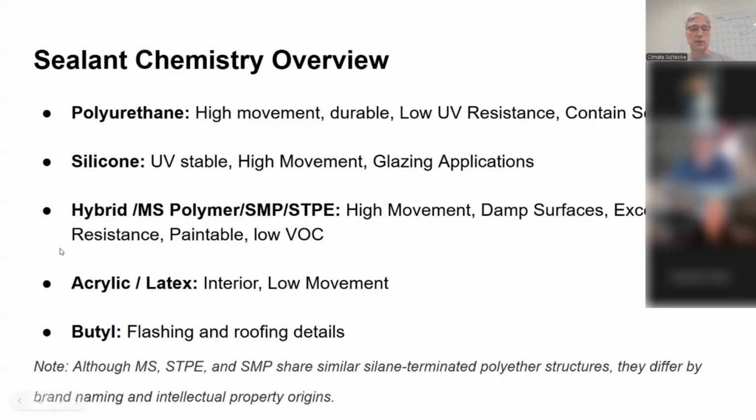And then you have acrylic latexes, which are for interior applications and low movements. A lot of them will be acrylic latex plus silicone, so they can handle maybe 12.5% plus or minus for movement. And then you have butyls, which are for flashing and roofing details.